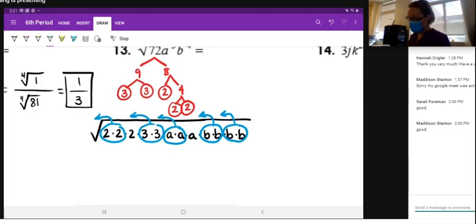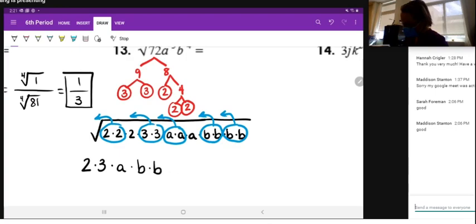So for instance, with the 2s here, I don't bring 2 2s out front. I just bring a pair of 2s, or I bring a single 2 out front. So we'll have a 2 here, a 3, an A, a B, and a B all out front. But left over inside the root, I still have a 2 and an A that were kind of left behind. That little 2 and that A didn't have anything to pair with. They're all alone and they stay inside the radical.